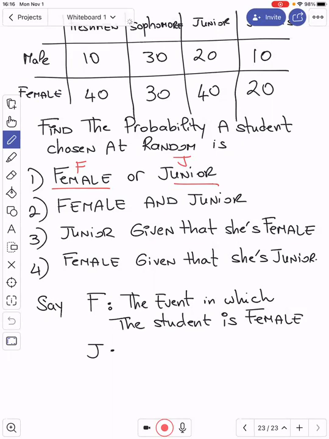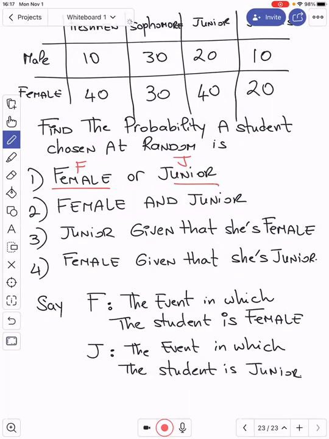And J is the event in which the student is a junior. So we have these two events. F is the event of being female, and J is the event of being a junior. For the first question, we are looking for the probability of female or junior.